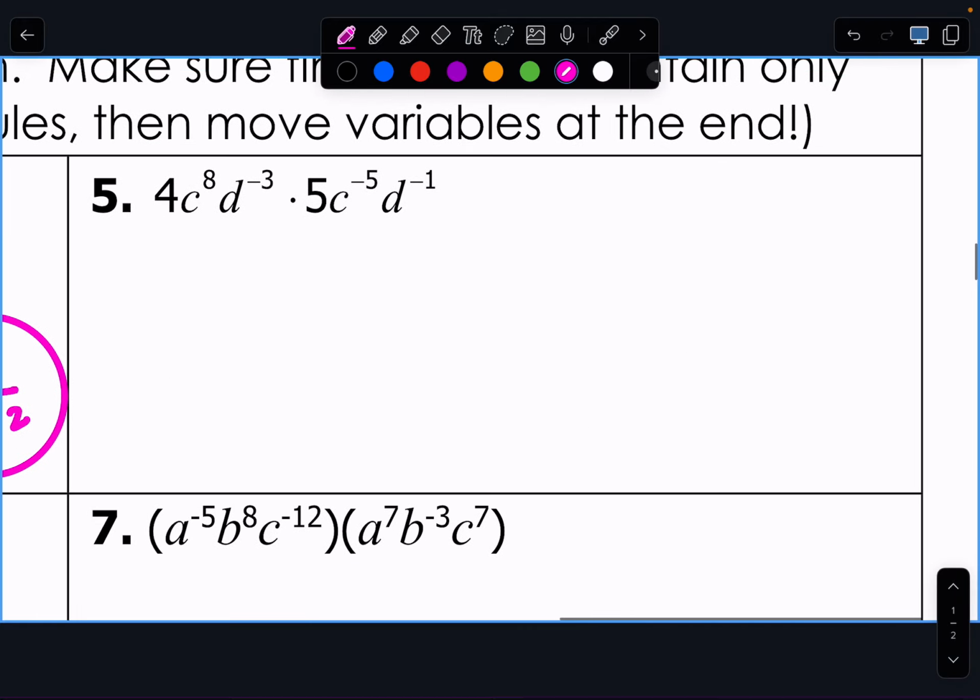Yeah. Let's try it. So 4 times 5 would give us 20. c to the 8th times c to the negative 5th, when we add those exponents, we would get c cubed.